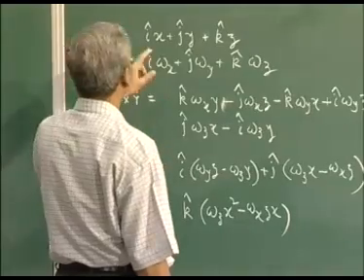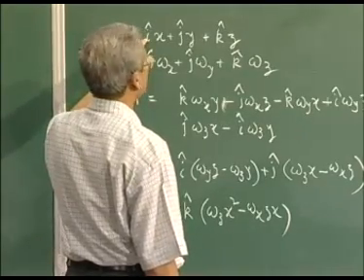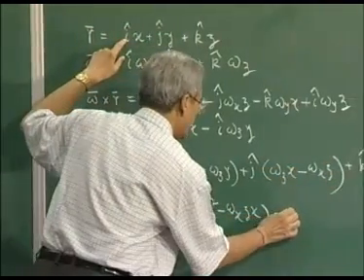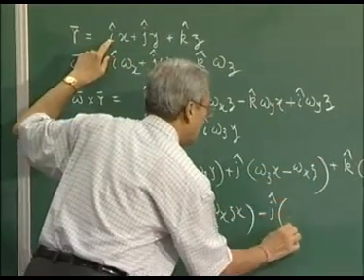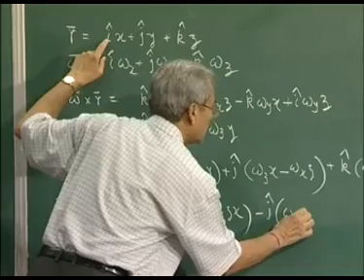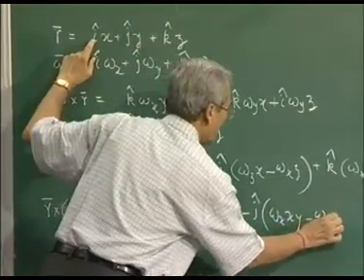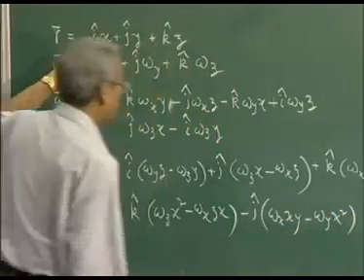Next will be i cross k, which will be minus j, omega x x z minus omega z x squared.